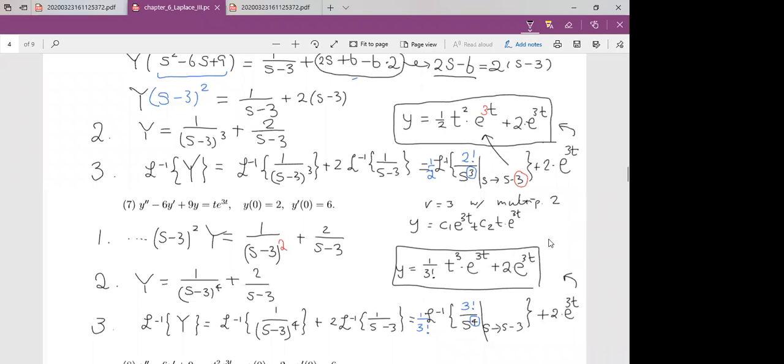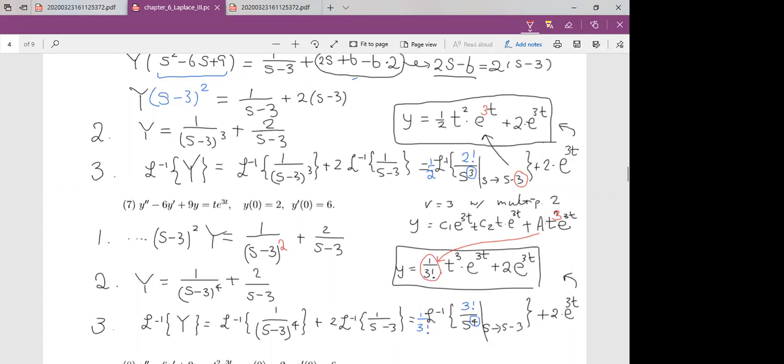And then for a particular solution, you want to try A times e to the 3t, right? But of course, this will not work because the complementary solution contains a copy of this. Then you keep multiplying by t. Of course, again, this is in the complementary solution, so you keep multiplying. It turns out that you will need power 3 instead of 2. So it turns out that your A is 1 over 3 factorial.